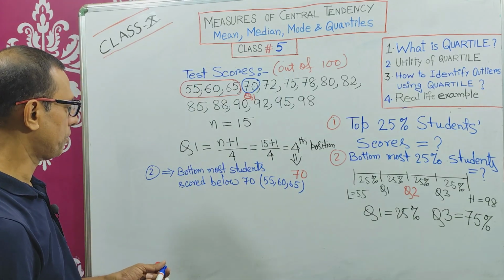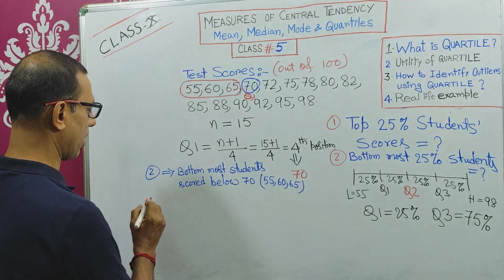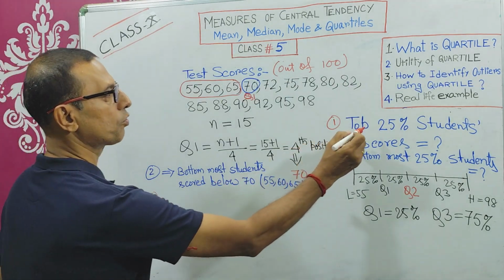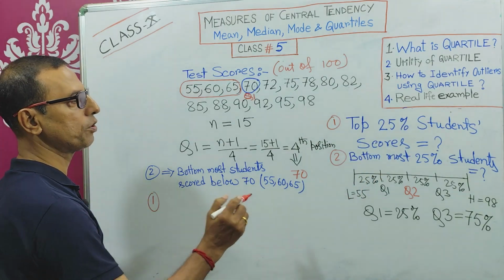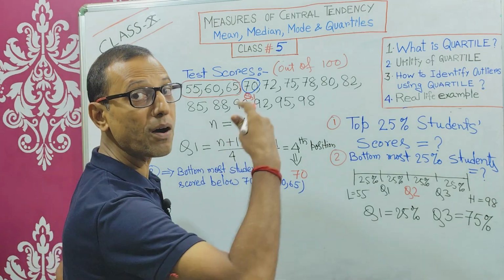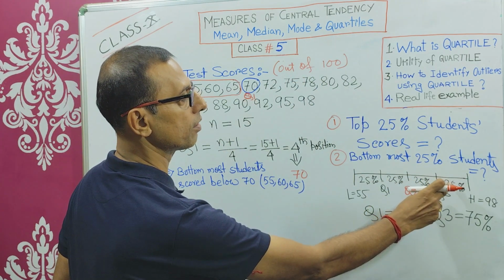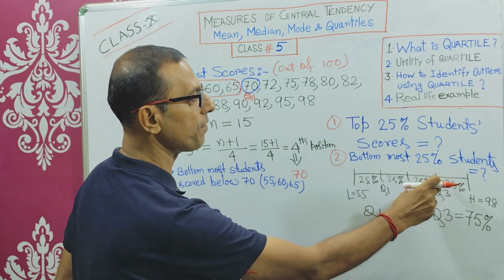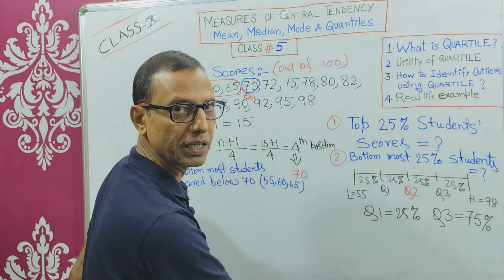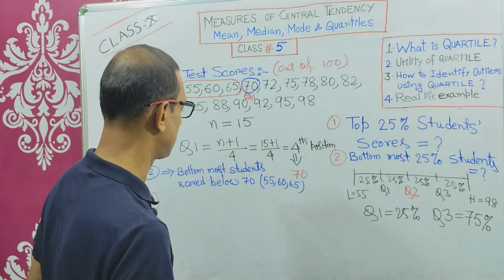Now this is question number 2. Question number 1 is top 25%. That means you need to find out Q3, and the students who have achieved scores above Q3 are actually high performing students, top 25% students, right?